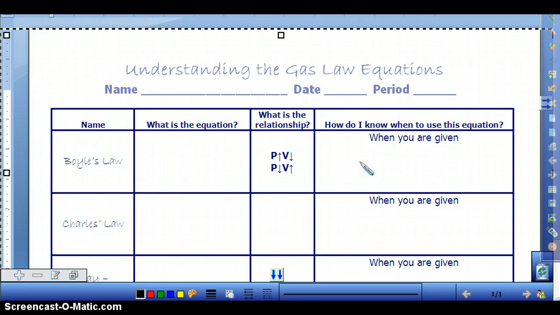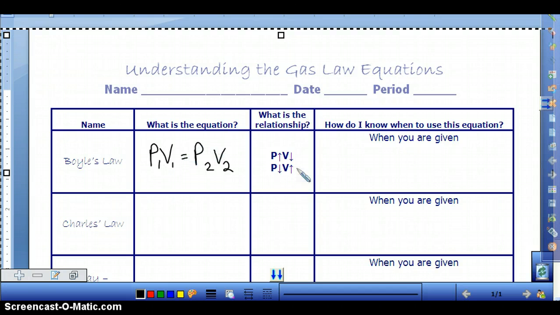So if you start out with Boyle's law, it compares pressure and volume. And so we usually write it P1 V1 equals P2 V2. And when you're using Boyle's law, you can only have pressure and volume changing. Everything else must remain constant.